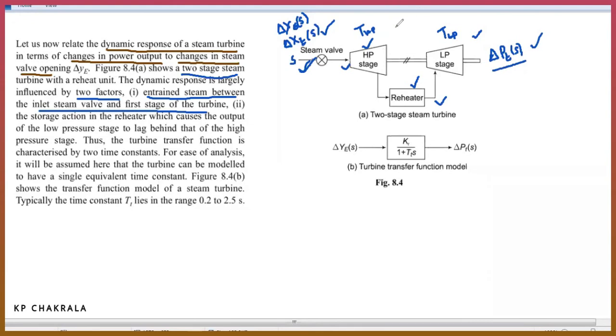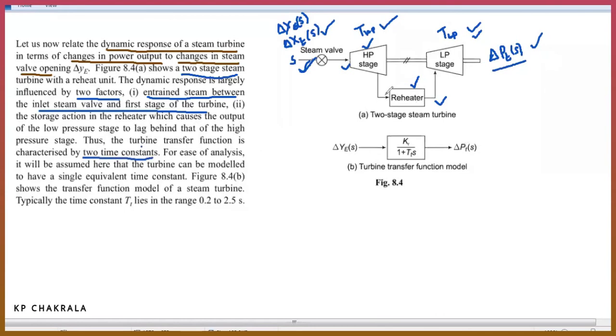This two-stage turbine has two different time constants, so the turbine transfer function is characterized by two time constants.